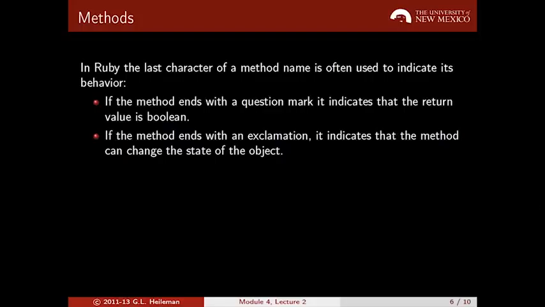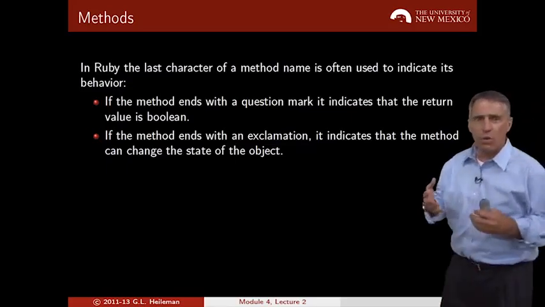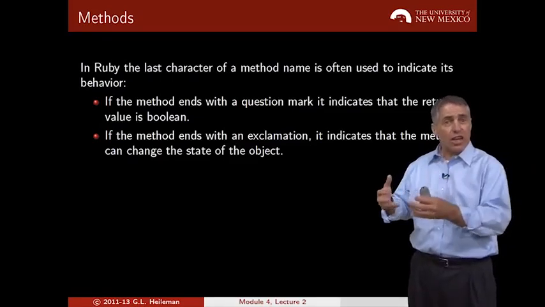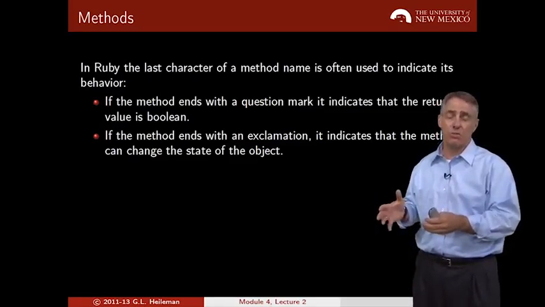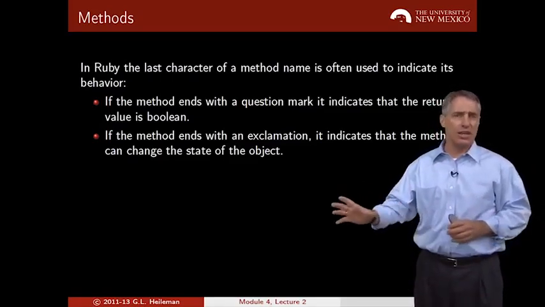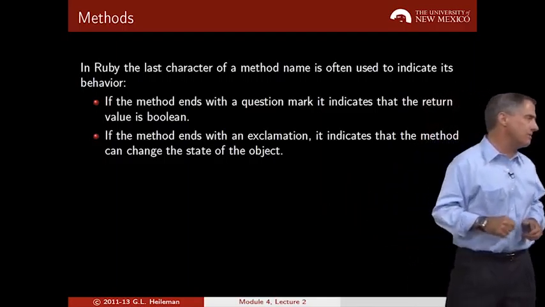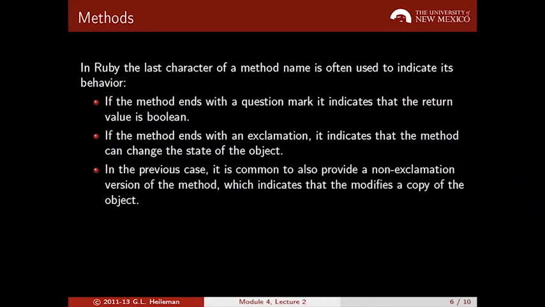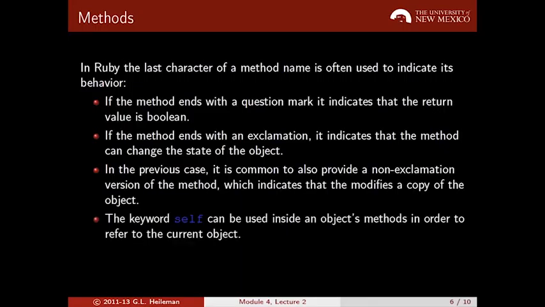You can do a sort on the array, or you can do a sort with an exclamation point. The one with the exclamation point actually changes the array. The one without the exclamation point just returns the result and leaves the array unchanged. So typically, if you have an exclamation point version, you also provide a non-exclamation point version. And as you inspect Ruby, you'll see this all over the place.